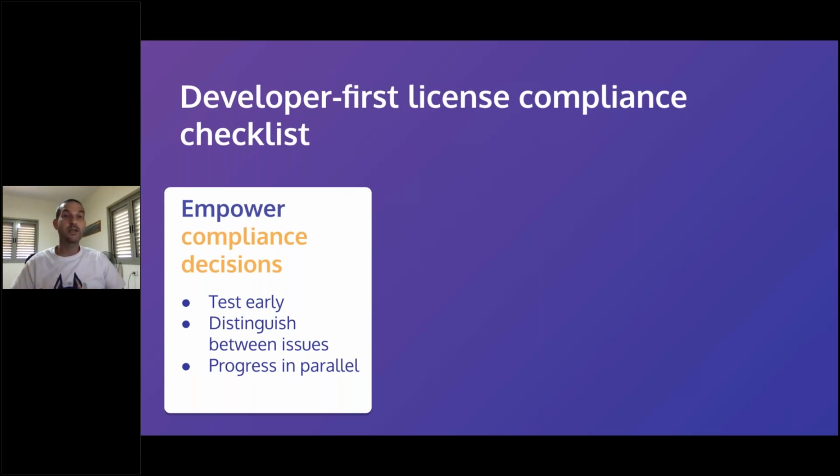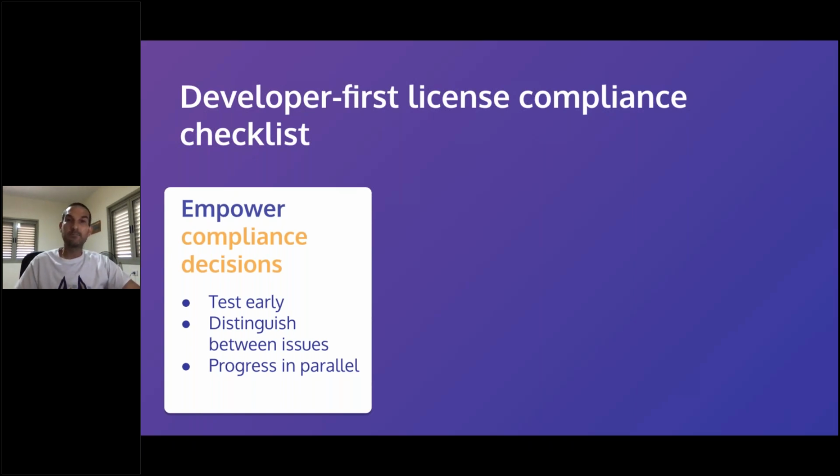And what we want to do is help them make the right compliance decisions. And to do that, as Ariel demoed, we need to try and help them test their code as early as possible for license issues. It's no good coming up with that checklist, with that spreadsheet when their code's already in production, right?